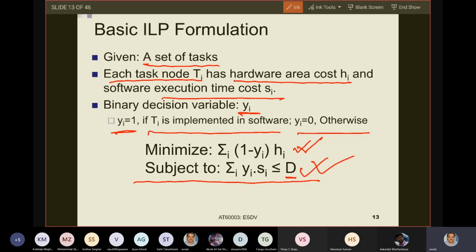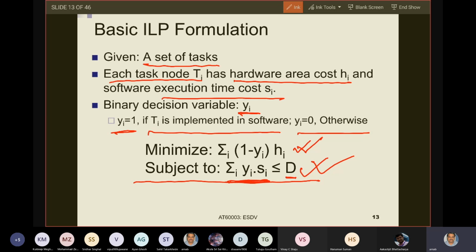So the total software execution cost will be the summation of yi dot si. Yi is equal to 1 if the task is implemented in software. So summation yi dot si is the summation of the software execution cost of all tasks which are implemented in software.